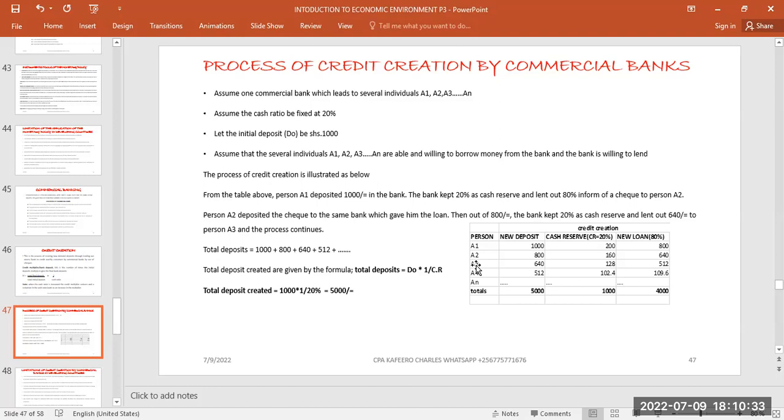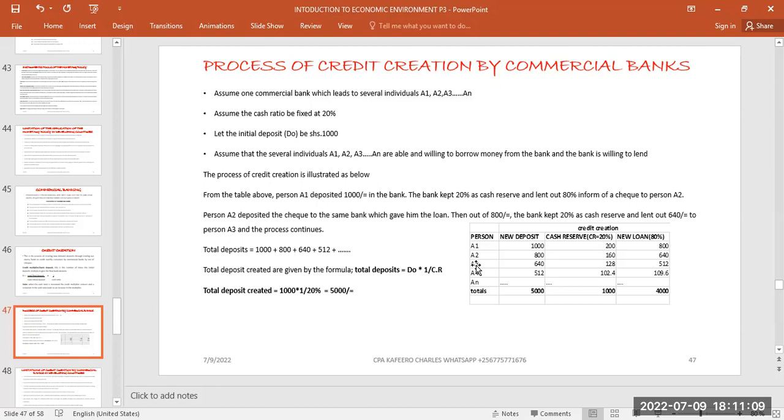That 800 is the one that is going to be given out to another person, because when you deposit money into the bank, they make sure that the money is withdrawn at a certain period or at a certain date. You may say that you're saving for, let's say, 1 year. You deposit the 1,000 and it's supposed to be there for 1 year. So the central bank requires them to keep 20%.